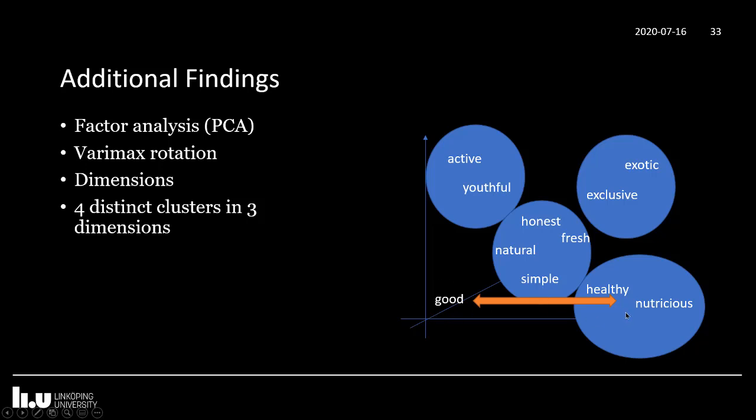So what conclusion we can draw from this is that we have different dimensions, 1, 2, 3, 4. This is what people group their products into, and then we can decide, okay, how should our product be placed? We could do a benchmark. Where is Fanta? Where is Ramlösa? Where is Bon Aqua? And where should our new product be placed in relationship to those dimensions?